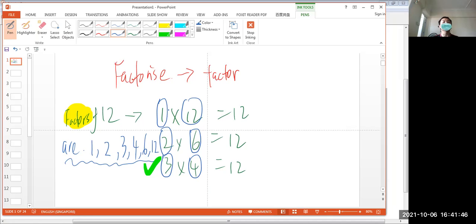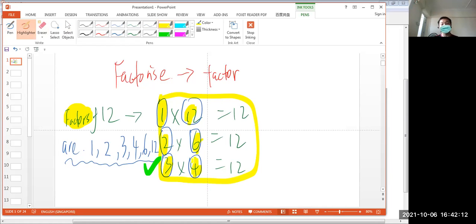Okay. So basically, you need to find how you get 12. So you need to list down all the possibilities. So here are all the possibilities for how you can get 12. After that, all this: 1 times 12, 2 times 6, 3 times 4. So all these numbers are factors of 12.